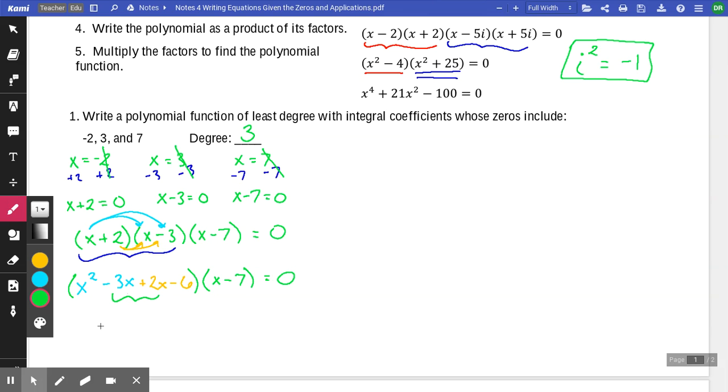And so in this first set of parentheses, we're going to get x squared. Combine those, negative 3x plus 2x, that's minus 1x, or just minus x. And then we still have our minus 6 at the end. We still haven't used our x minus 7, but we are about to.